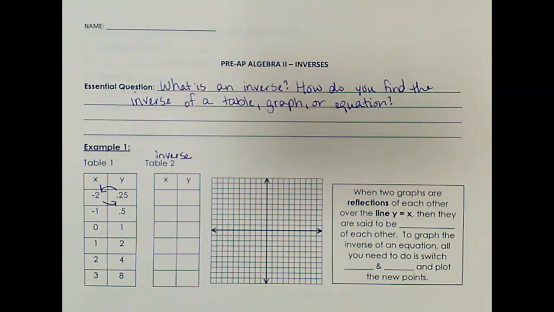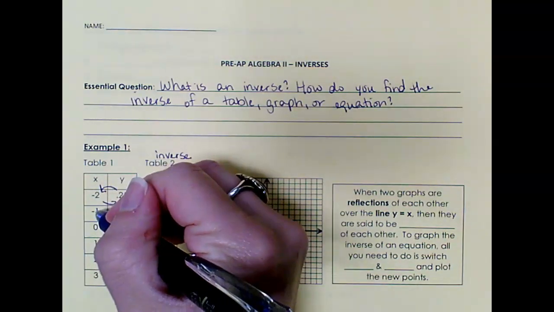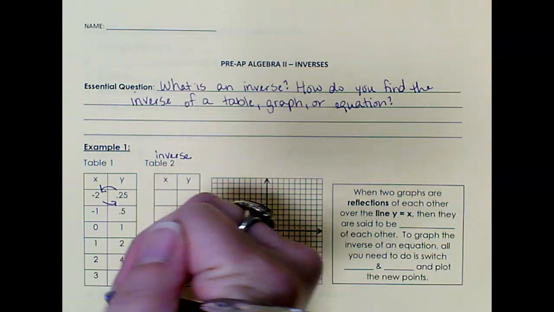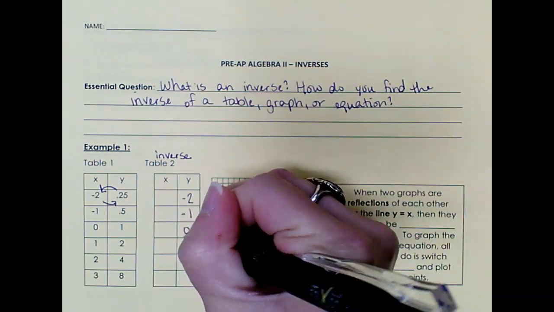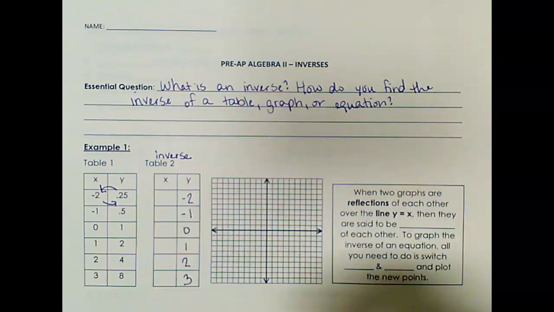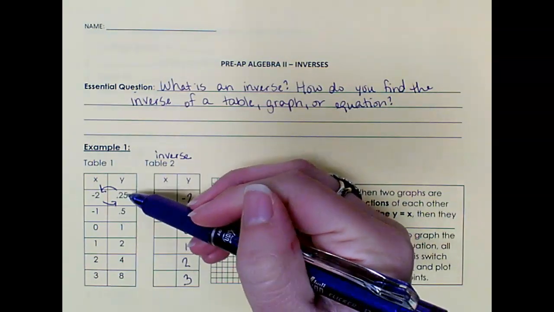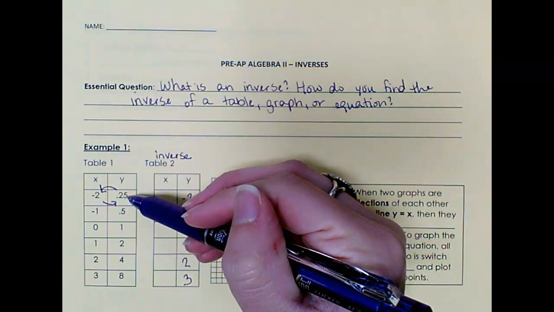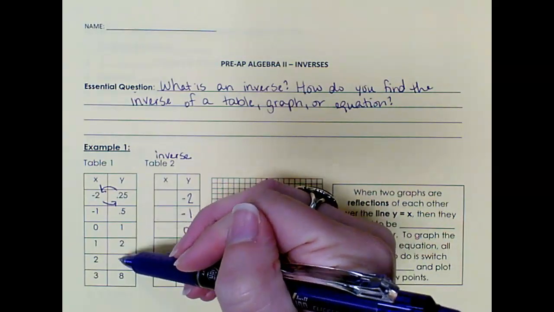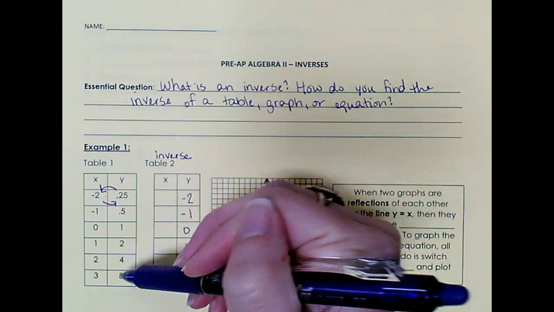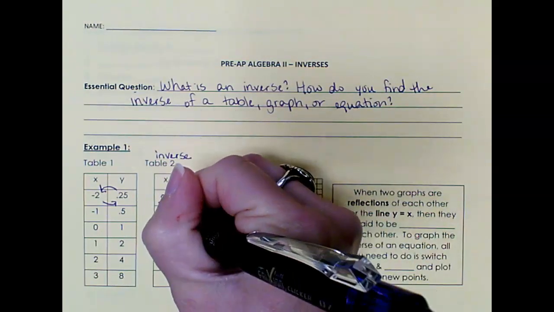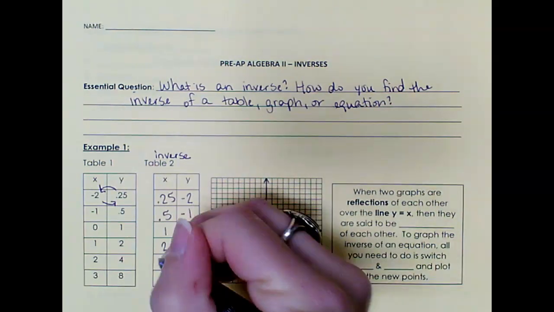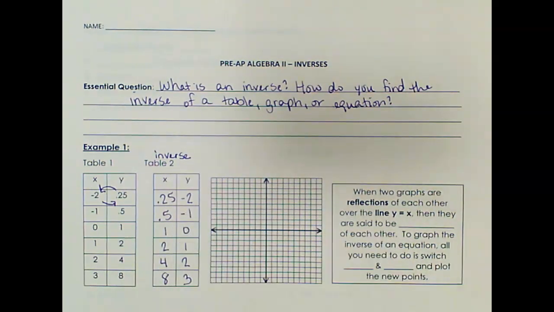So instead of my x values being -2, -1, 0, 1, 2, 3, now my y values are -2, -1, 0, 1, 2, 3. And instead of my y values being 0.25, 0.5, 1, 2, 4, 8, those old y values are now my new x values. So I've just switched them around and created my inverse. There's still a relationship between x and y, but it's just inverted.